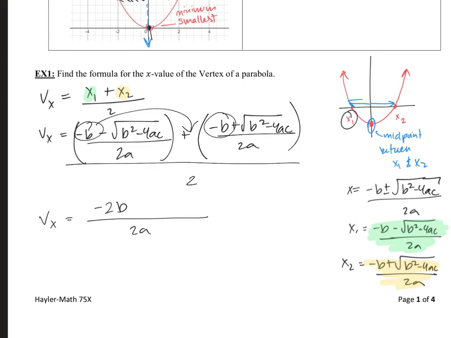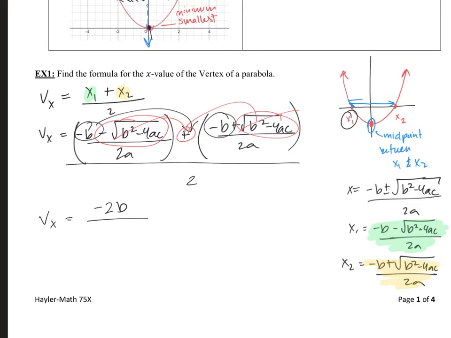And then we have the negative square root of b squared minus 4ac plus the positive one. A negative and a positive cancel each other out. The whole square root values cancel each other out. That is awesome, so they're gone, and I don't even need to write out the whole thing.